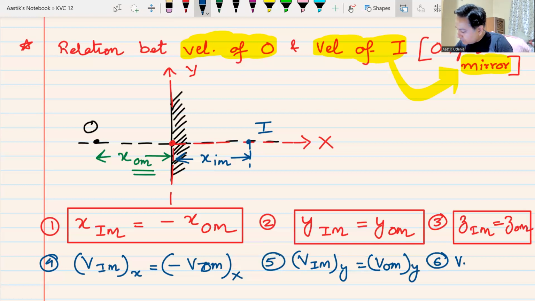VIM along z-axis will be equal to VOM along z-axis. Is it difficult for you to understand, beta? Can I have some raised hands from everyone that we understand this?